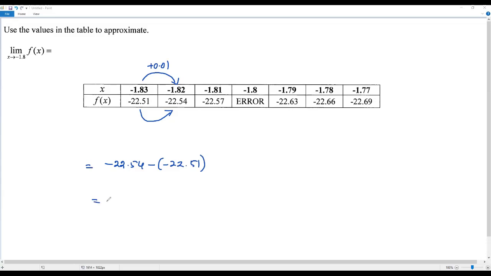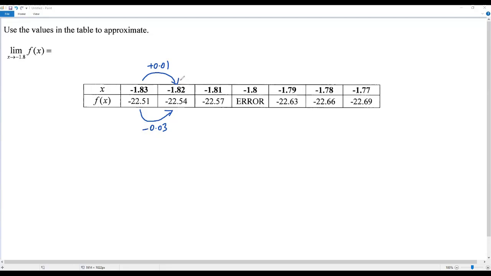Negative and negative becomes positive 22.51. When I combine these two numbers, I get negative 0.03. That is, f of x is decreased by 0.03. Let me write it over here, negative 0.03. Here I use a positive sign because x is getting increased by 0.01, and here I use a negative sign because f of x is getting decreased by 0.03.